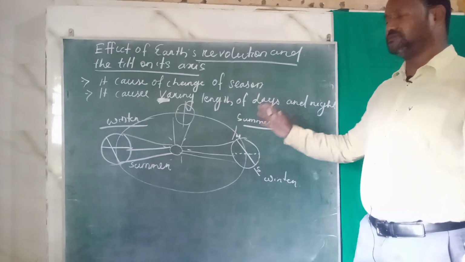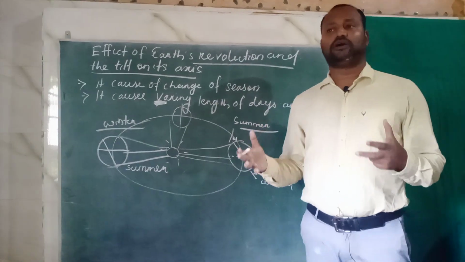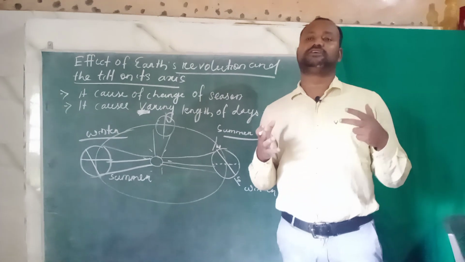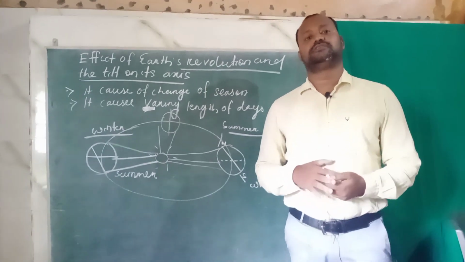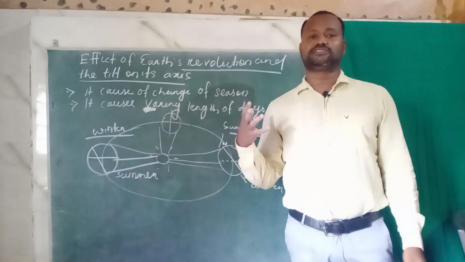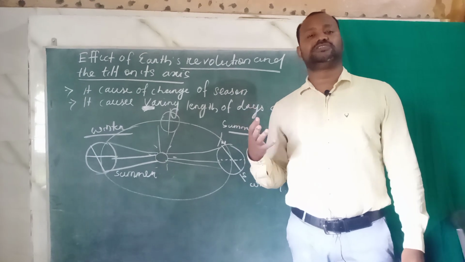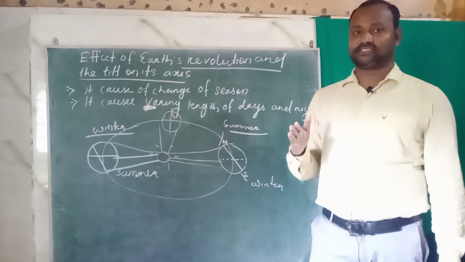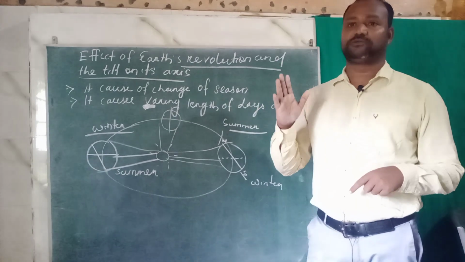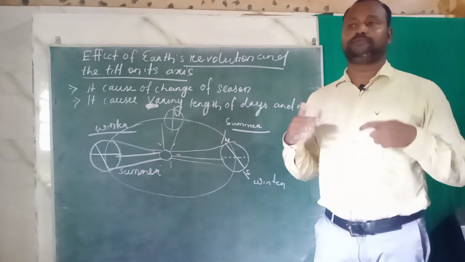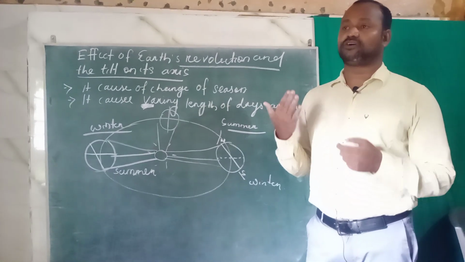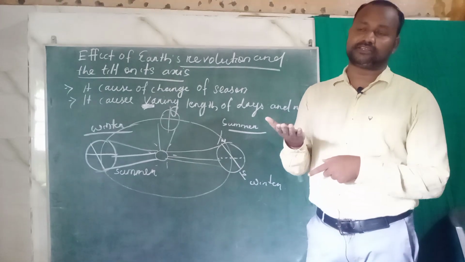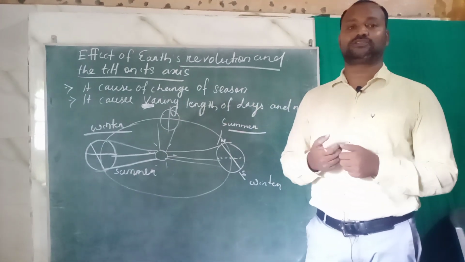So in this way it all depends upon the position of the Earth while revolving around the Sun, and the position of the Earth's axis, which one is bent towards the direct sun rays. If it is more bent towards the sun in the north hemisphere, then there is summer in the north hemisphere.